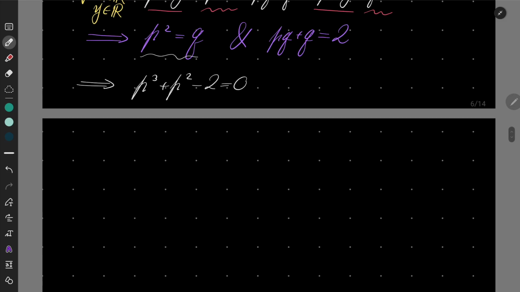And now, finally, we have to do a factorization of the polynomial. Let's guess a root. One obvious root is 1.